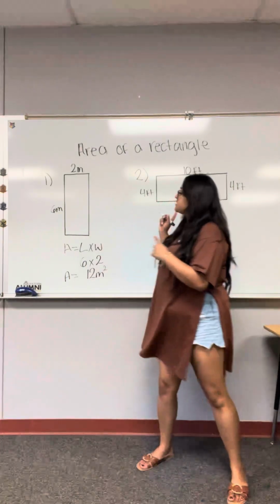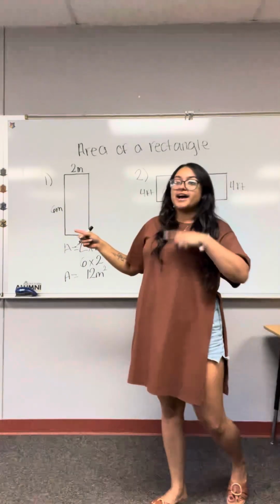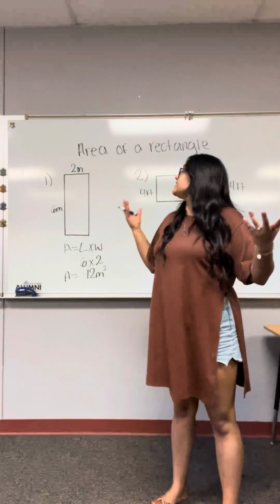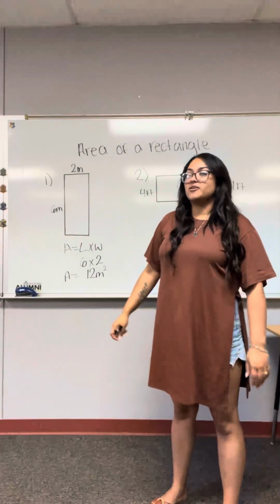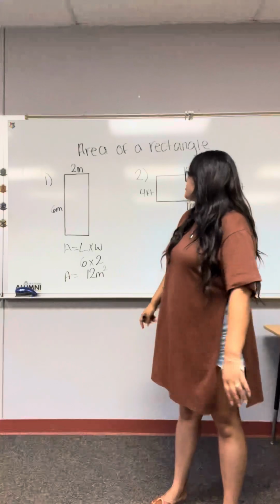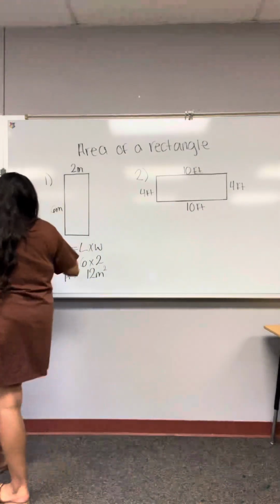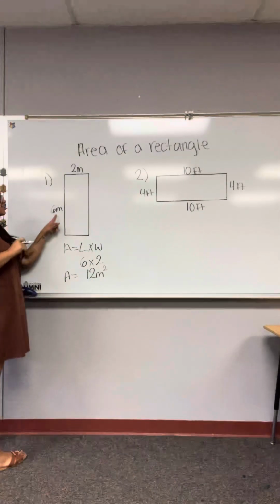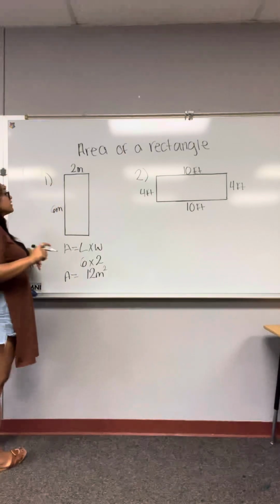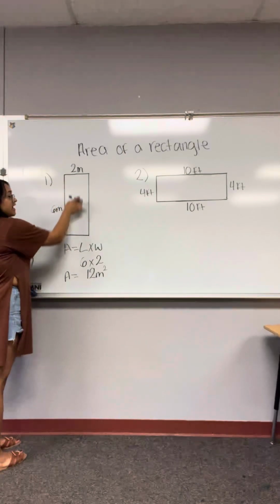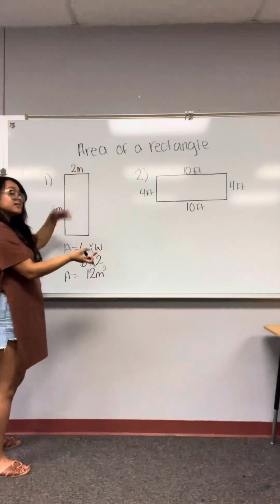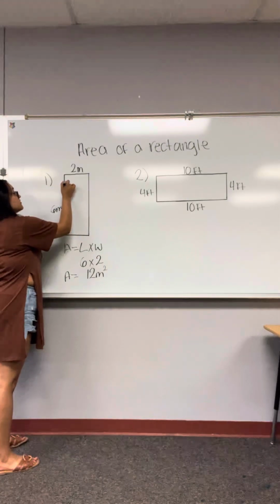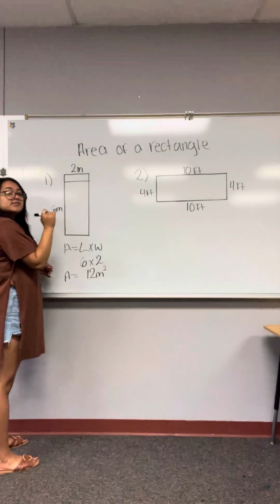Now, before we move on to number 2, another way to find the area is by counting units. Looking at this rectangle, we can say that it is 6 meters long, so this whole entire side is 6 meters. I'm going to mark that, and I'm going to create 6 equal boxes.